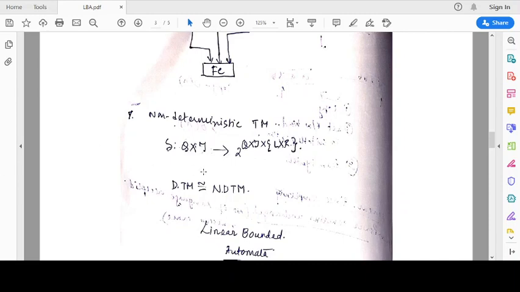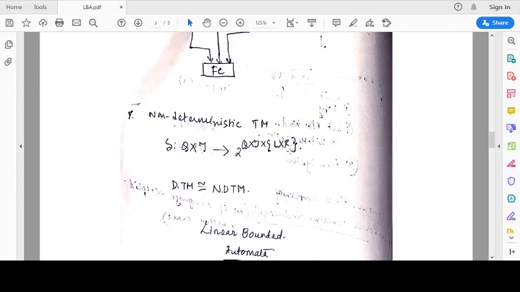So that is what is being depicted in this particular transition function. That is, Q × Γ is mapped to the power set of Q × Γ × {L, R}. That is, it can move to various states, or it can move to various states with various directions.